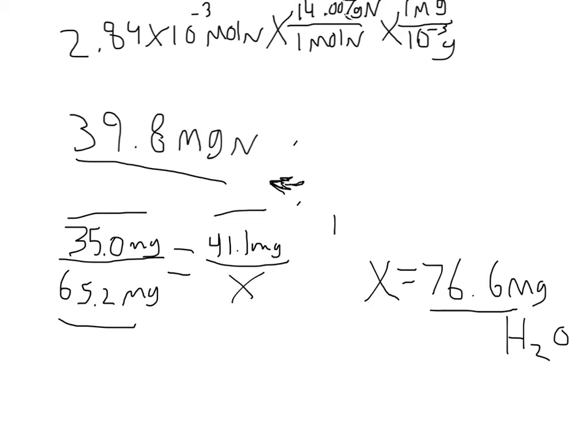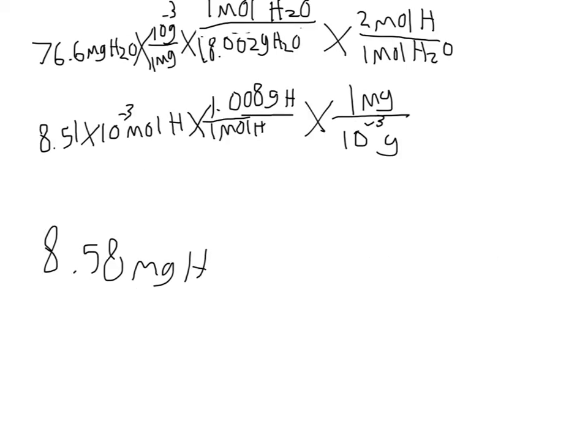Now I use the milligrams of H2O to find the moles of hydrogen. Then I'll know two of the elements and how much they weigh, which I can subtract from the sample size. So I took my milligrams of H2O and converted that into moles of H using the molar ratio.